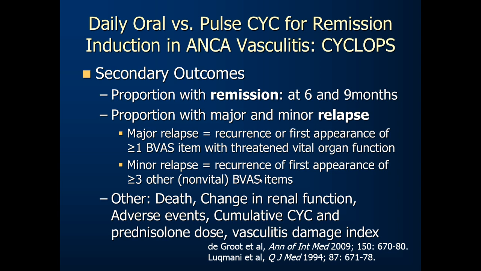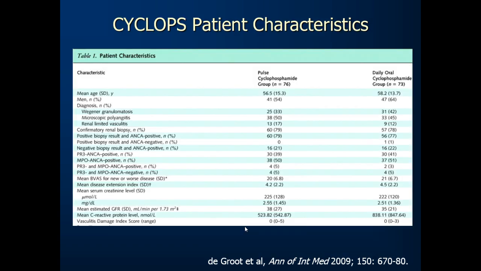So if you have wheezing, a rash that's not an ulcerated or gangrenous rash, and sinus congestion or nosebleed, that would be minor relapse. And then other parameters they looked at were survival, change in renal function, adverse outcomes, and then cumulative dosing of cyclophosphamide and prednisone or prednisolone.